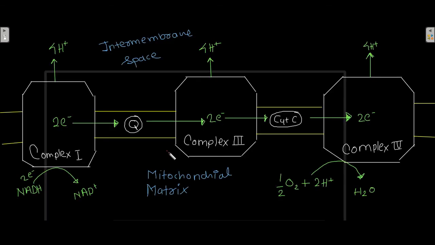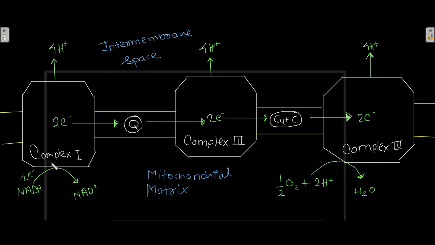Now this diagram is explaining the flow of electrons through the respiratory chain complexes. In this specific diagram, there is complex 1, complex 3 and complex 4. Complex 2 is also there, but that we will discuss in the other diagram. Now let's consider complex 1, complex 3 and complex 4.